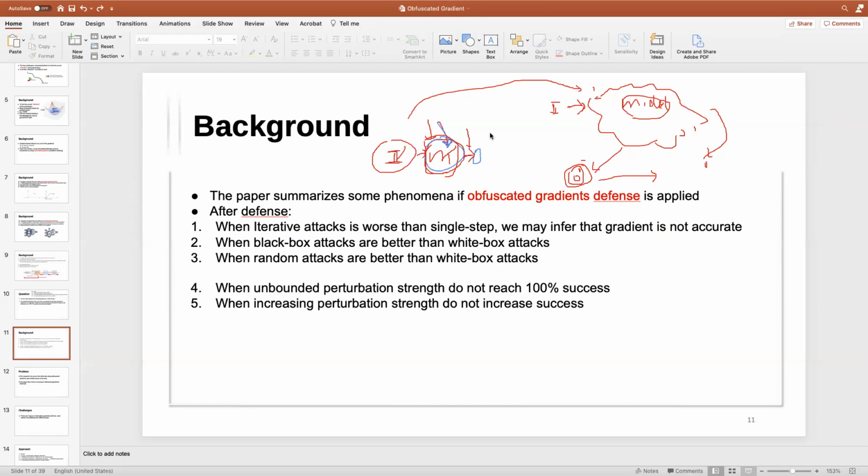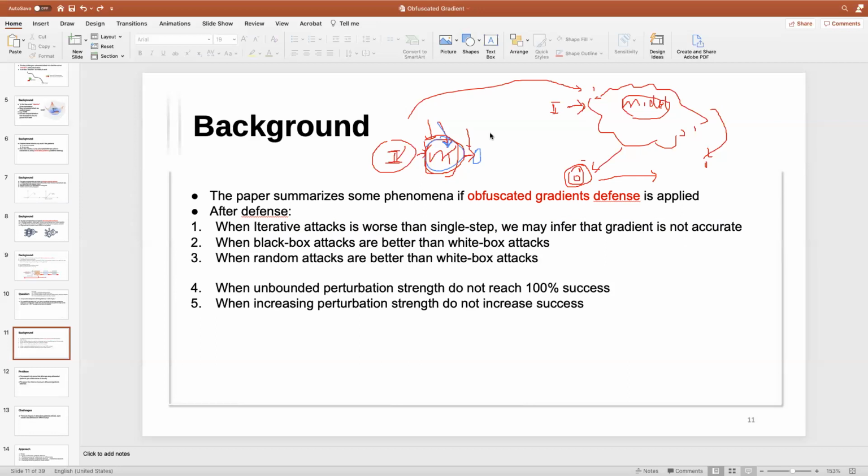Let's go back to our discussion point. We know every detail of the models. We know what ReLU functions and activation functions apply, but the only thing we can change is the input.